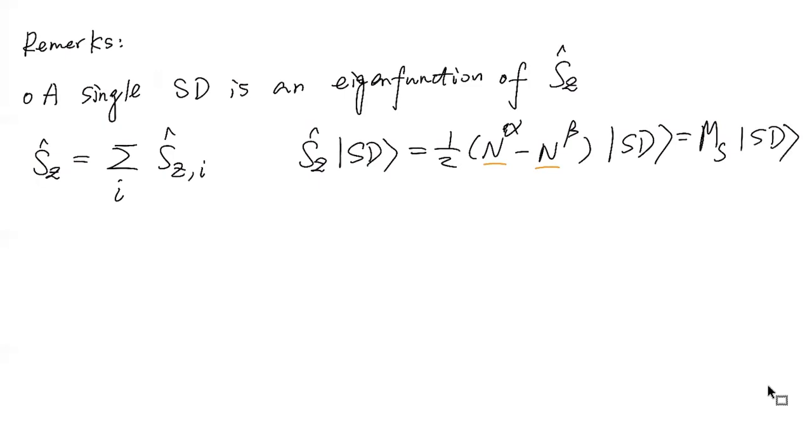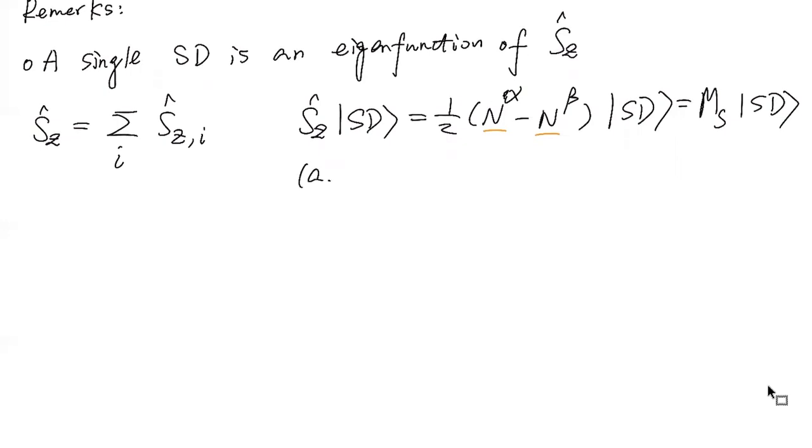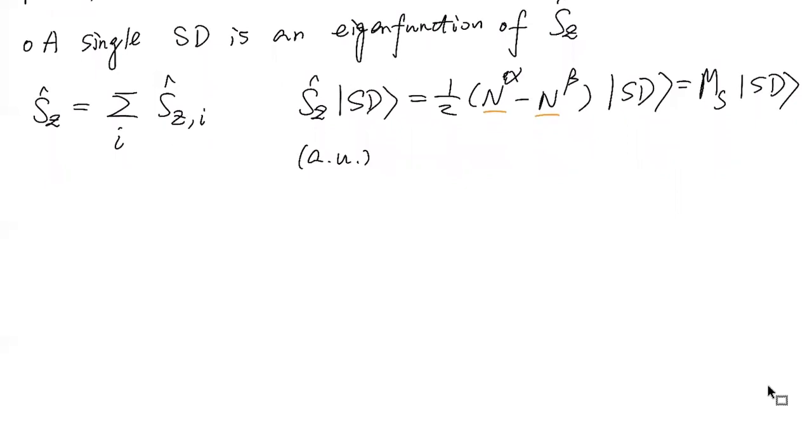Okay, this is very easy to prove actually, because for an alpha electron, you have positive 1 over 2. For a beta electron, you have negative 1 over 2. Of course, this is in atomic units. I simply let h bar be equal to 1. Okay.